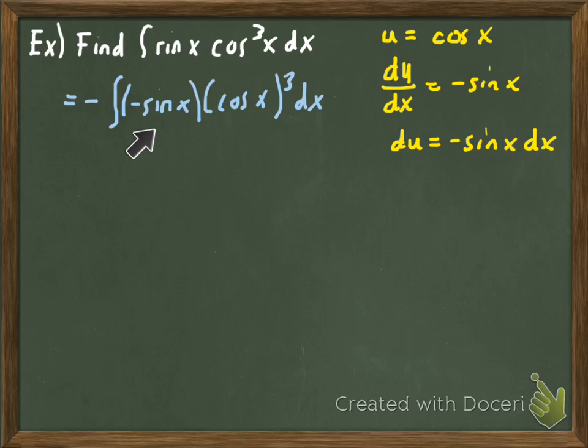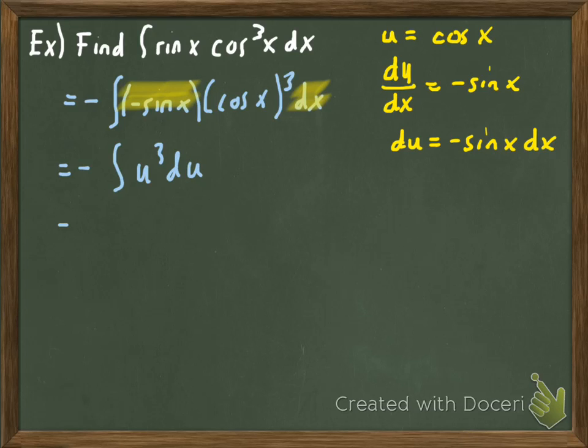All right, now you also see where, since du/dx was negative sine x, I rewrote the sine of x as negative 1 times negative sine x. And that's just to make that substitution a little bit easier. Just like with the previous one, I have a negative sine x dx that I could use for my du. And then I can replace the cosine of x with u. So that the integral is going to look like this. We're going to have negative 1 times the integral of u cubed du.